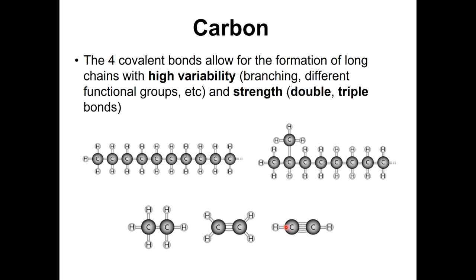So carbon, because of the 4 covalent bonds that it can form, makes very long molecules that can also be very strong because it can introduce double and triple bonds. And these long molecules can also give a lot of variability by adding different other components to the remaining bonds left for each carbon present in the long string.